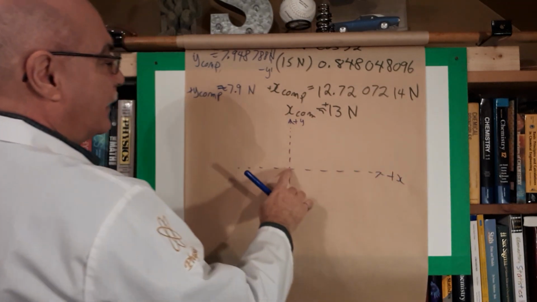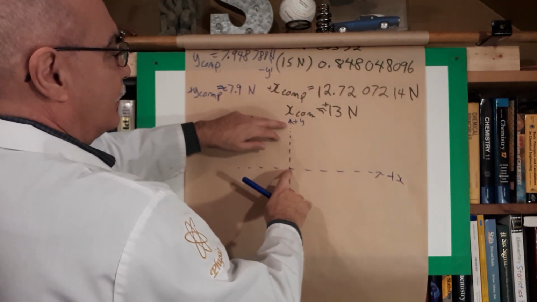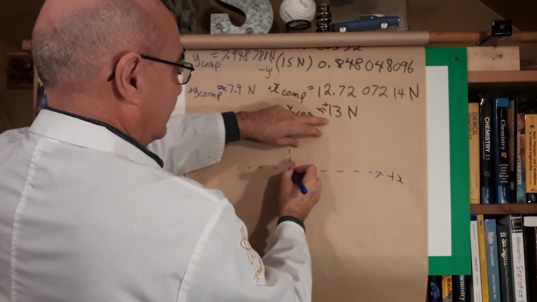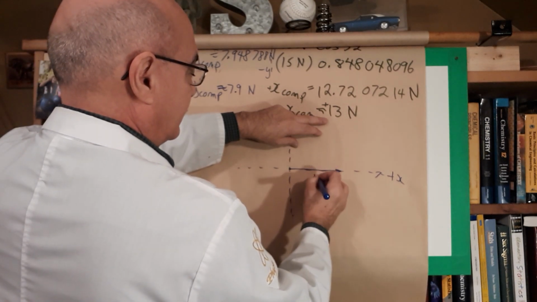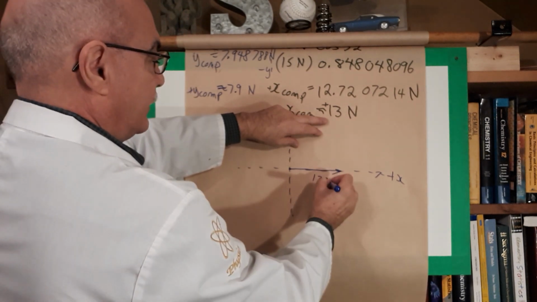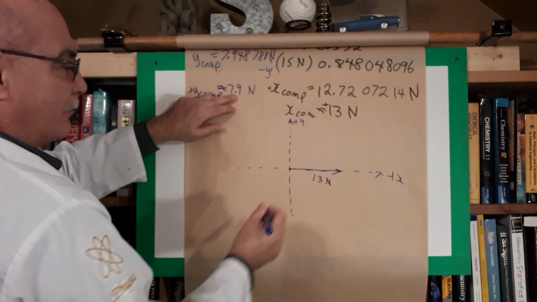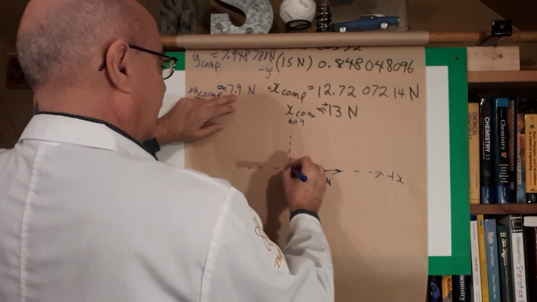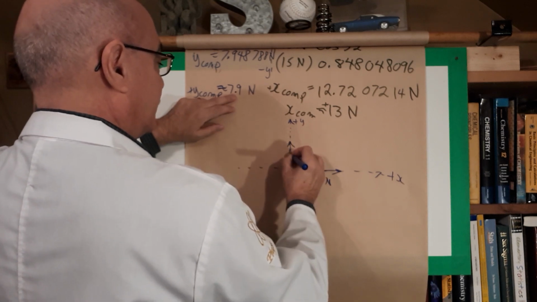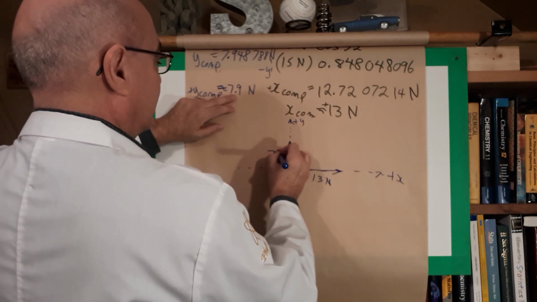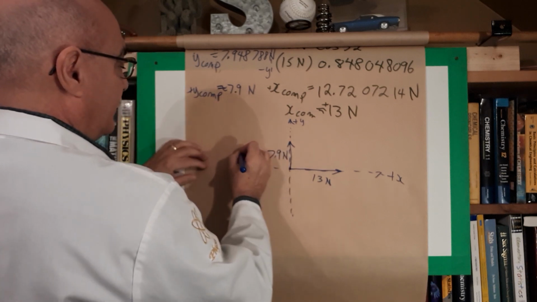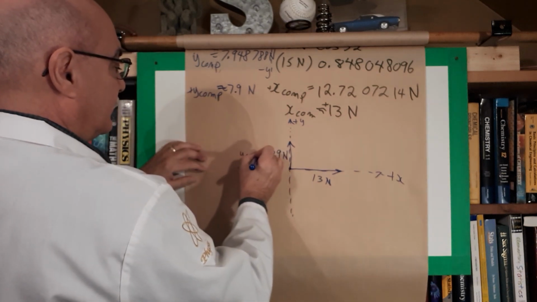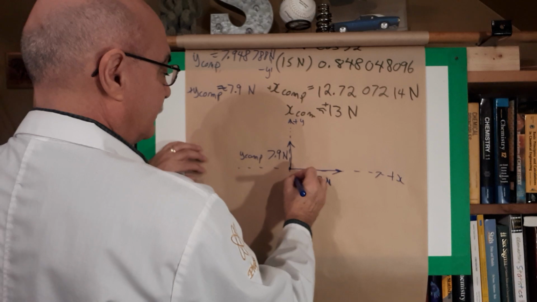Here are our two component vectors, 13 newtons to my right, and the other one is 7.9 newtons up. Try to keep it to scale. So that'd be the y component and the x component.